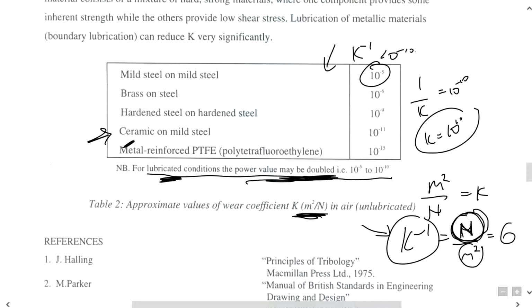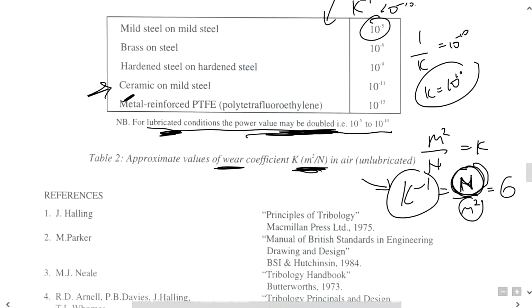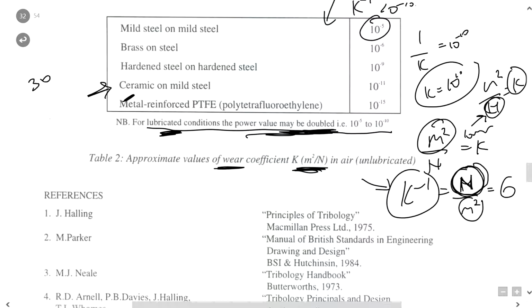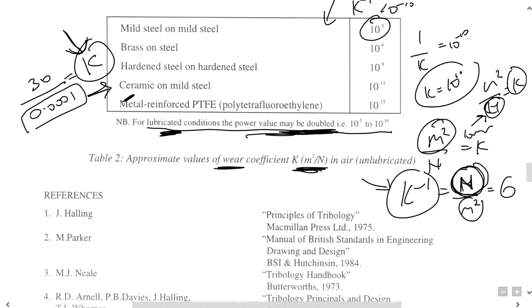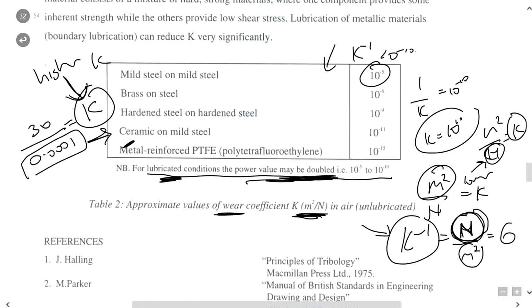So you want to increase the lubrication so that the wear is significantly lowered. Because if you think about it, meter square per Newton. So if the K over here is larger, this means that your Newton over here is lower. So for example, 30 divided by 0.00001, the force is very small, so you'll get a very large number K. So the higher the K value, the better it is.